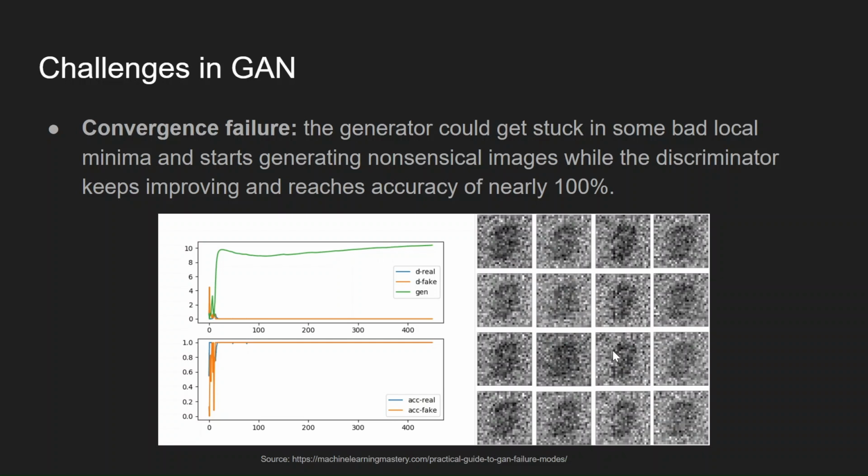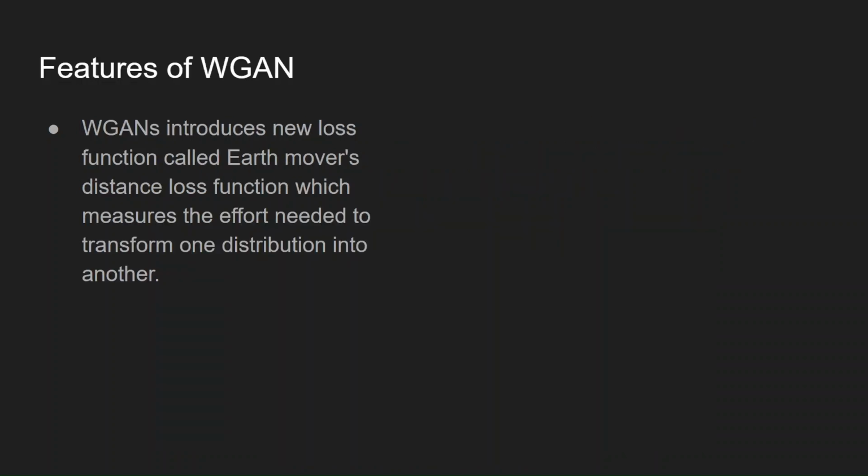So these are the three main challenges that a regular GAN faces, and because of these we have further challenges like vanishing gradients, etc. In order to solve these problems, the WGAN paper, which was proposed in 2017, introduces a new loss function called the earth mover's distance, which measures the effort needed to transform one distribution into another distribution.